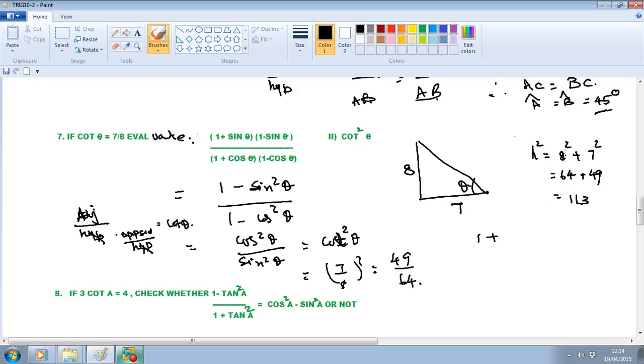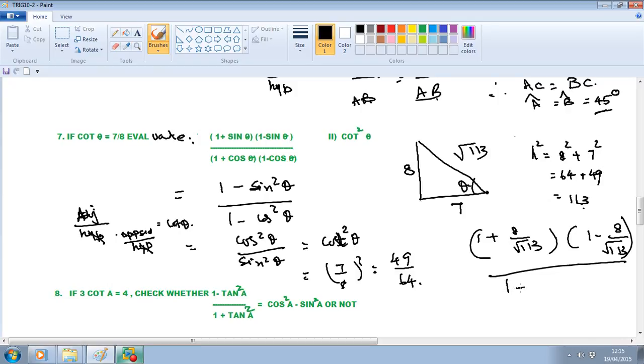Hypotenuse square is equal to 8 square plus 7 square, so the hypotenuse is root of 113. 1 plus sin theta is 1 plus 8 by root 113, multiplied by 1 minus 8 by root 113, divided by 1 plus cos theta, 1 plus 7 by root 113, multiplied by 1 minus 7 by root 113.